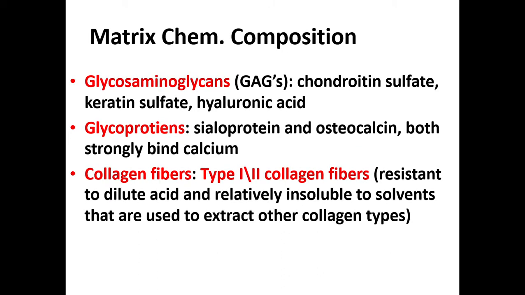The glycosaminoglycans in bone tissues have chondroitin sulfate, keratan sulfate, and hyaluronic acid, the same as in the connective tissue proper. However, the glycoproteins present are sialoprotein and osteocalcin, both strongly bind calcium. Then collagen fibers, the same as in the connective tissue proper.